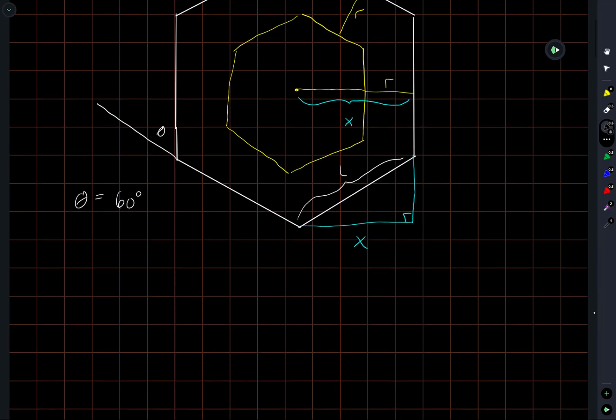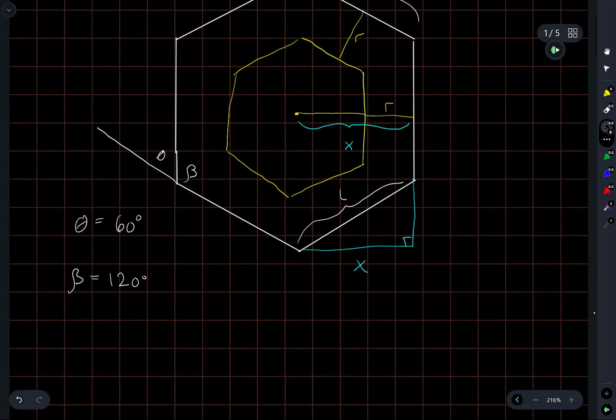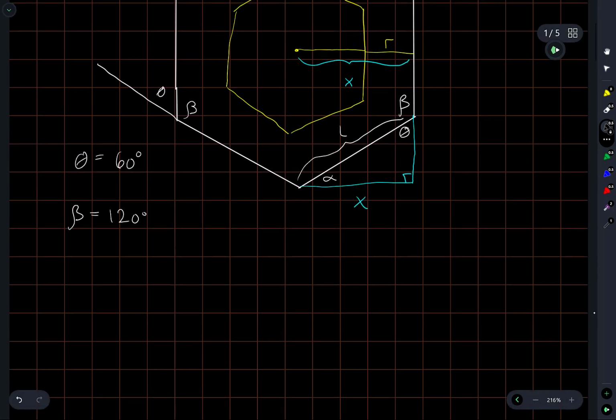So that means beta is 120 degrees. And this is also beta here. So that means this, in fact, is theta. So the angle here, well, theta would be enough, right? Theta. So what's the relationship between L and X?